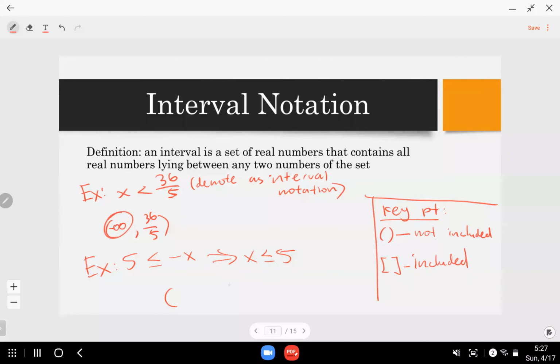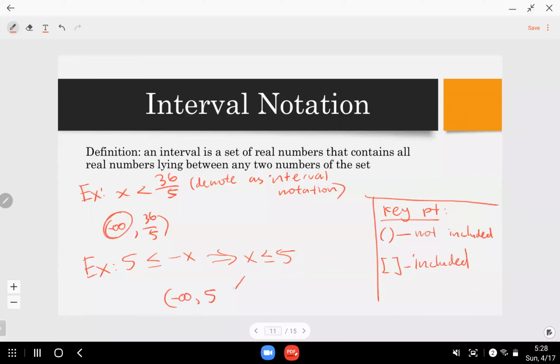Is infinity, I mean. But 5 is supposed to be the bigger number, right? Because x is less than or equal to 5. Oh, yeah, oopsie. So negative infinity to 5.